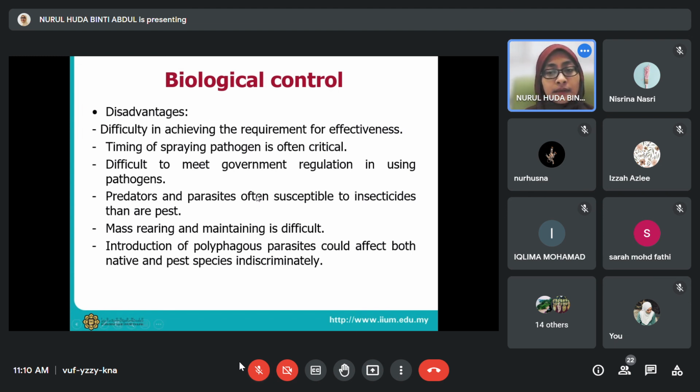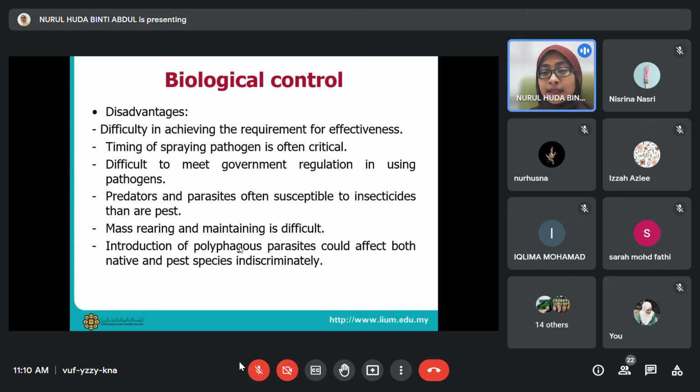And then okay, introduction of polyphagous parasite could affect both native and pest species indiscriminately. When we are talking about polyphagous, maksudnya dia makan pelbagai ataupun dia effect pelbagai jenis serangga.